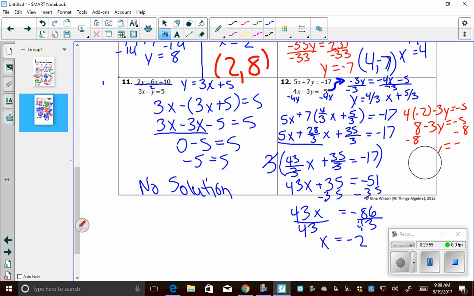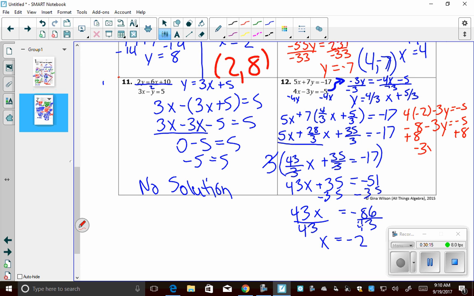I'm sorry, I made a multiplication mistake. It's not 4 times 2, it's 4 times negative 2, so it's really going to be negative 8 minus 3y is equal to negative 5. So instead of subtracting 8, I have to add 8.